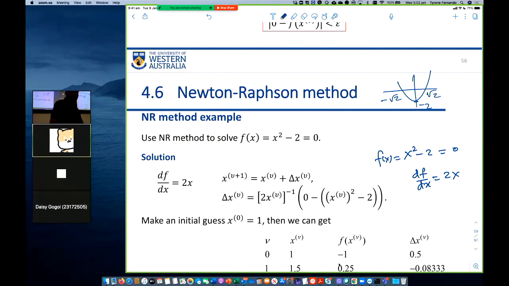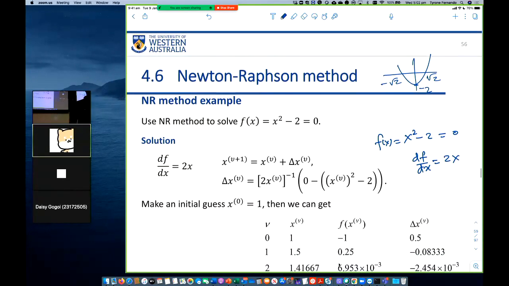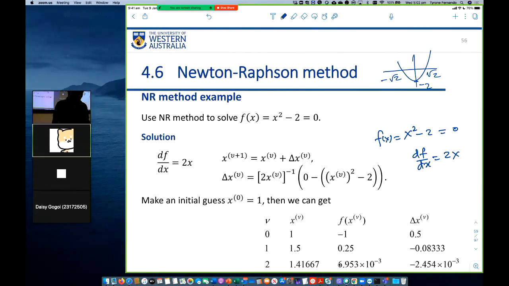So f(x) equals x squared minus 2 must equal 0. That's what we are trying to solve. So we compute the Jacobian. The Jacobian is the first derivative, which is going to be 2x. That's J. Our new refined value is the current guess plus delta x.